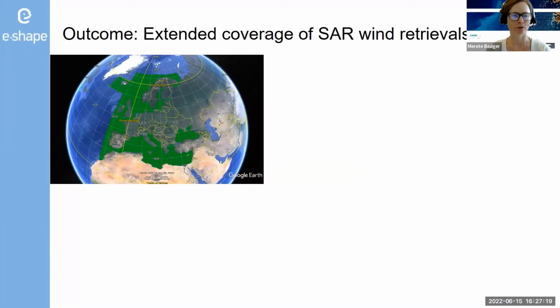Another outcome of the user interviews was that we have expanded our area of coverage. Initially, we covered the European seas, and I have to say that sounds perhaps simple, but it's actually massive data processing that's required to retrieve the wind fields daily from SAR over the European seas.